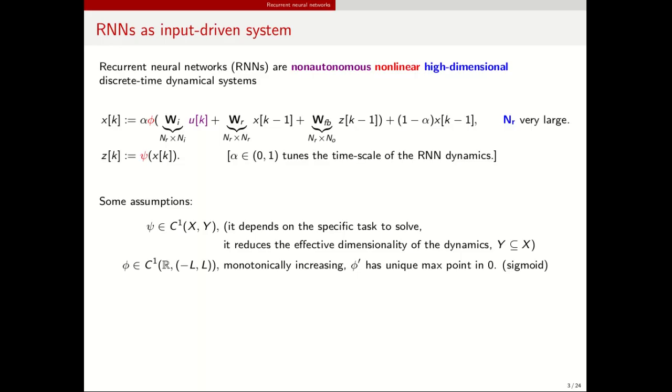So I will make some assumptions on this dynamical system, specifically that the readout function psi is a continuously differentiable function.